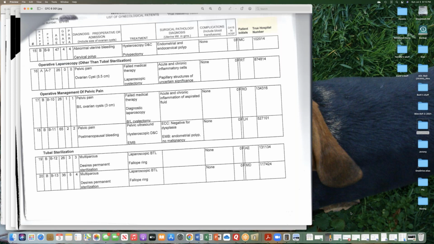Pretty straightforward so far. On the second one, the pathology seems a little confusing, like the acute and chronic inflammatory cells. I'm not sure what they're referring to.